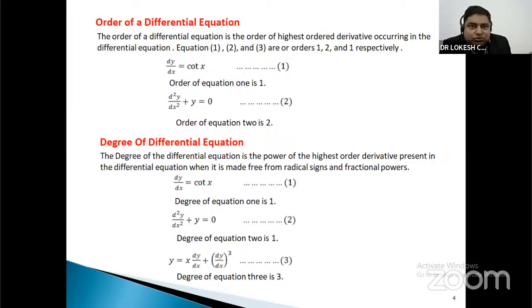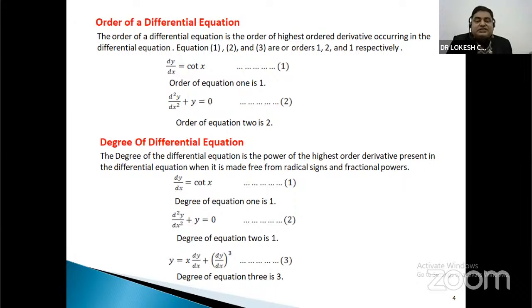Now the other term which comes is the degree of a differential equation. What is the degree? We check what is the highest order derivative present in the equation. Then another thing we check is the degree of the highest order derivative present in the differential equation.